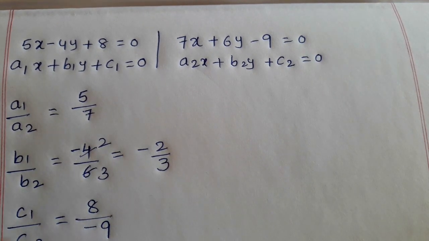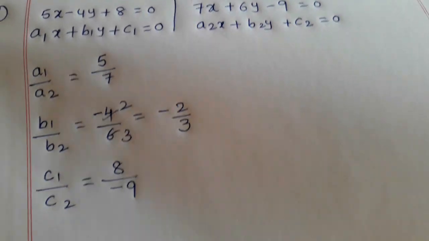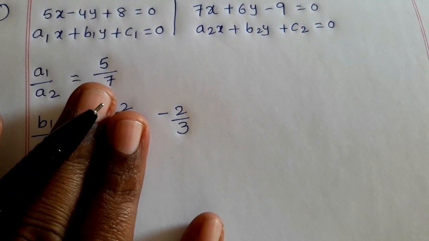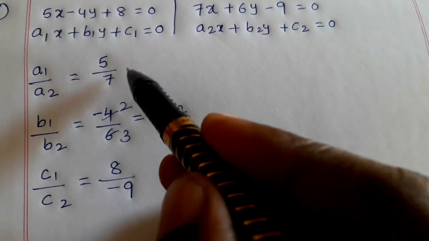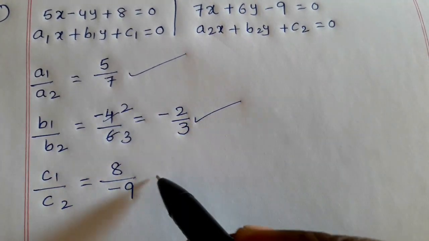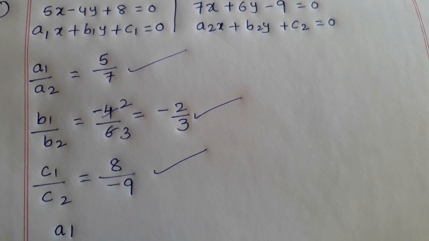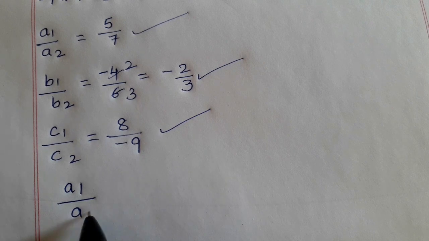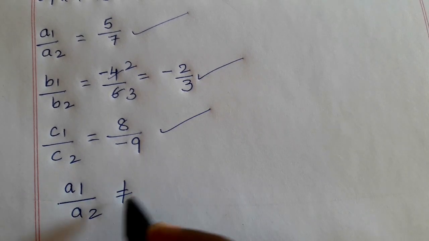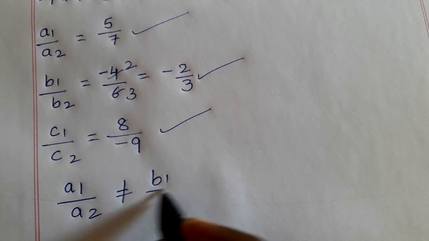So if you observe here, the ratios are different. a1 by a2, b1 by b2, c1 by c2, all are different. So here a1 by a2 is not equal to b1 by b2.